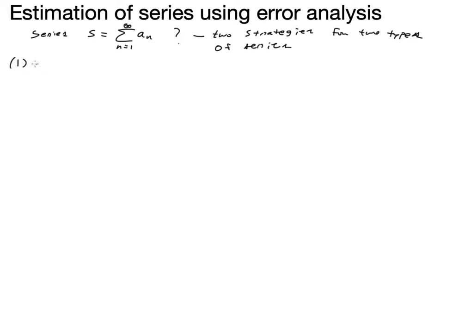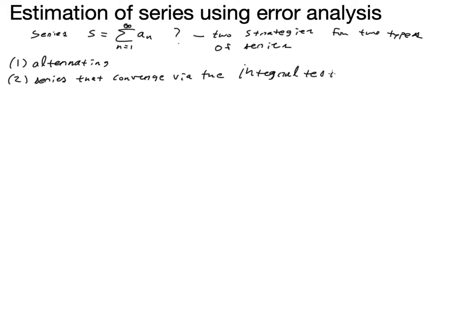We're going to talk about alternating series, and we're also going to talk about series that converge via the integral test. Okay, so a few notes here. All right, so these are the two categories we're going to talk about today.